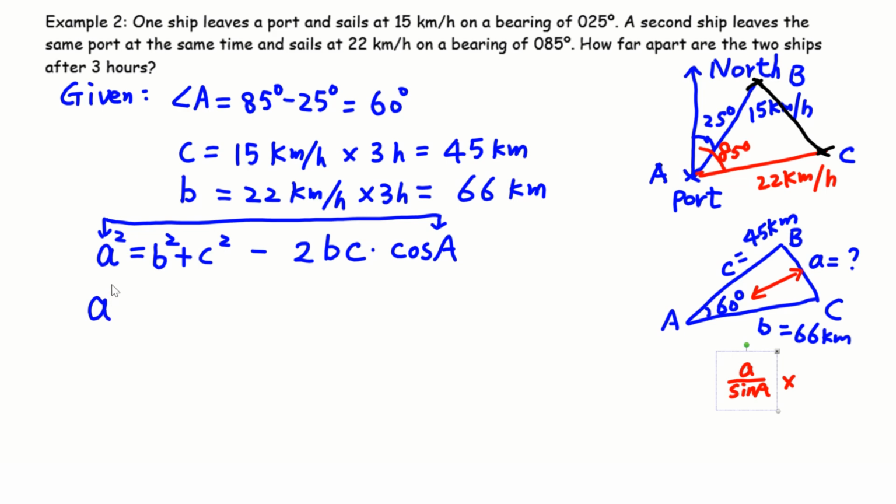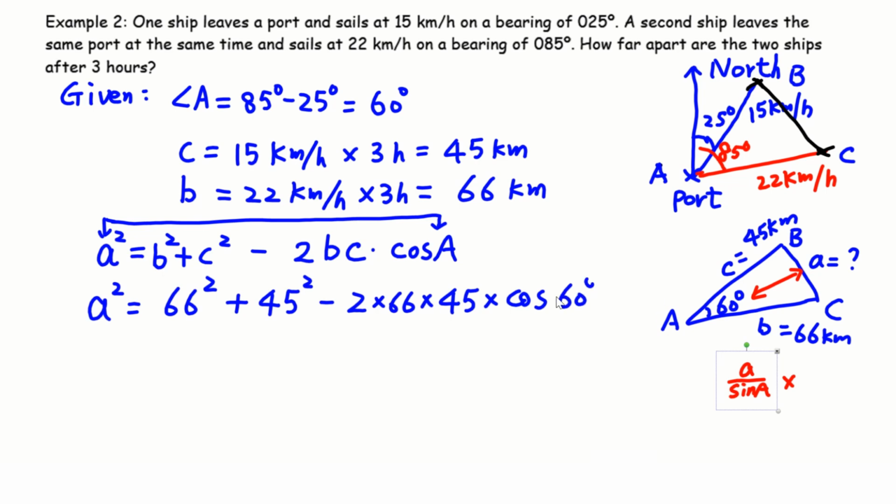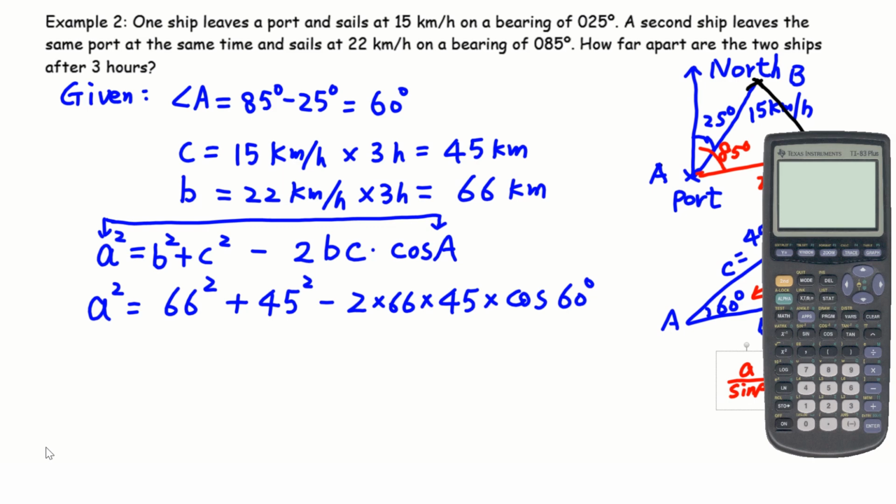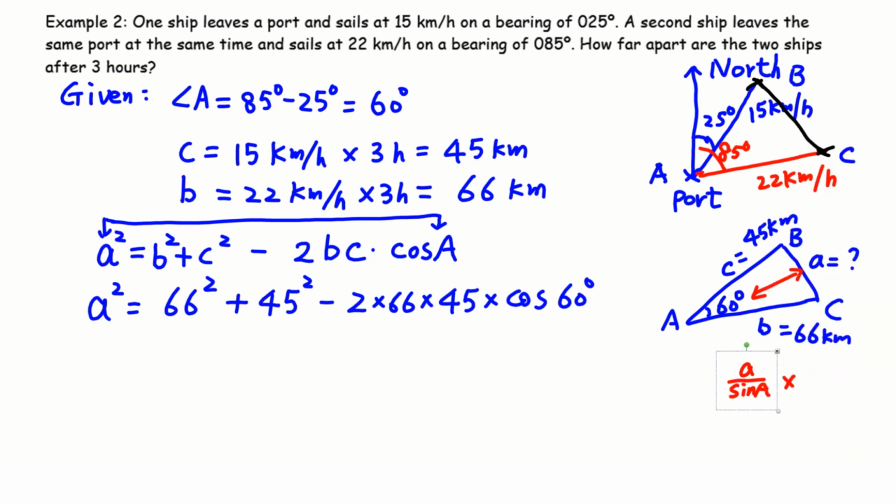So a squared equals b, which is 66 squared, plus 45 squared, minus 2 times 66 times 45, then times cosine of angle A, which is 60 degrees. So then get your calculator out. We are going to see.